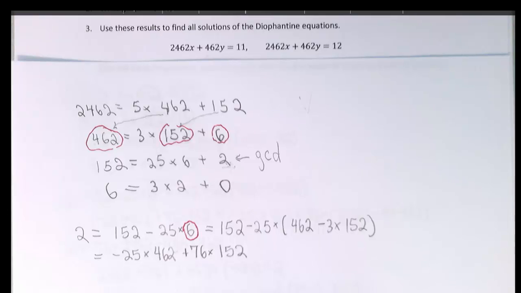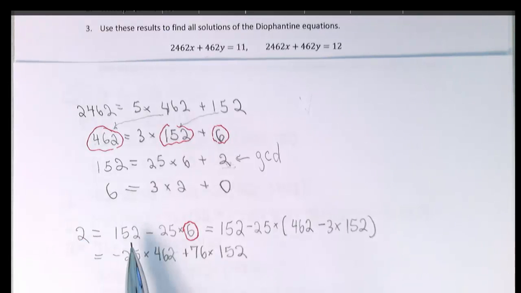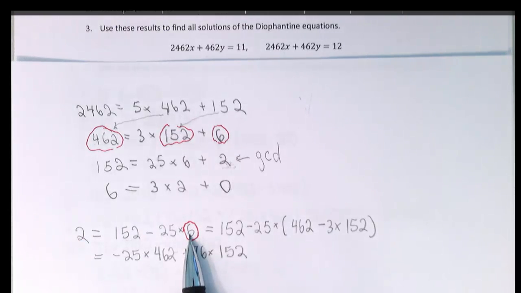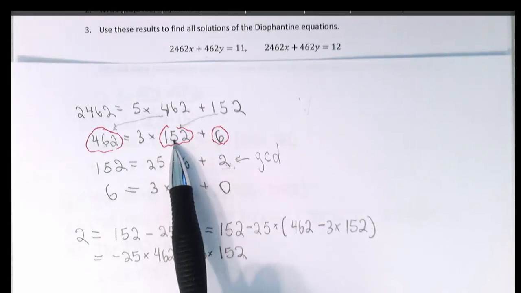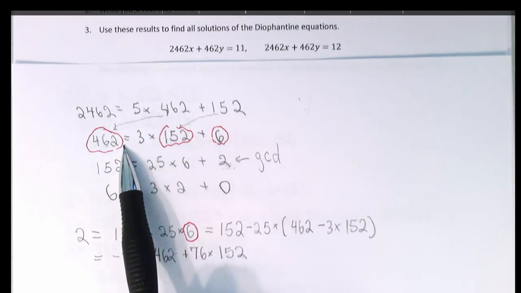By reordering, we've transformed our equation here from describing 2 in terms of 152 and 6 to describing it in terms of 462 and 152, which are the dividend and divisor from the second line.